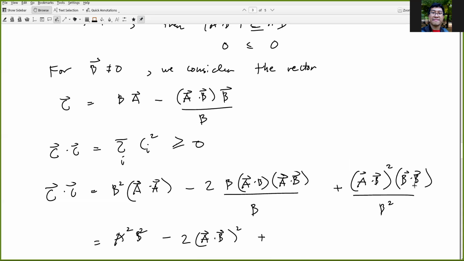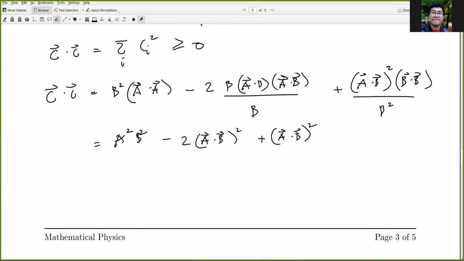B dot B squared cancels out, so you have (A dot B) squared. So (A dot B) squared minus 2 (A dot B) squared gives you A squared B squared minus (A dot B) squared. And recall that this is equal to C squared, and C squared is greater than or equal to 0.